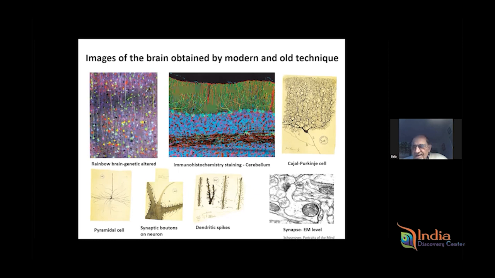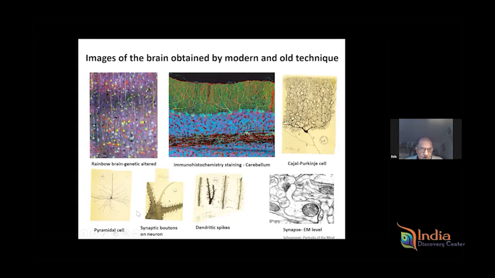Here is Cajal, who used silver impregnation to show cells in the brain. There are the Purkinje cells. You can compare how they look different.